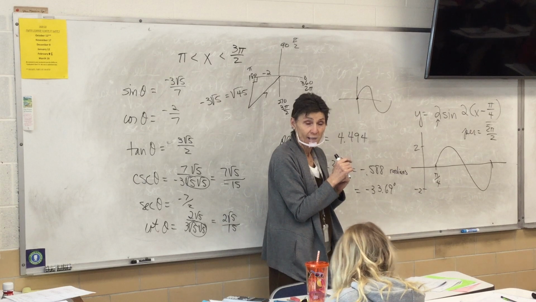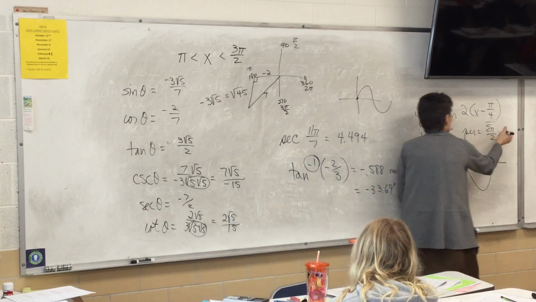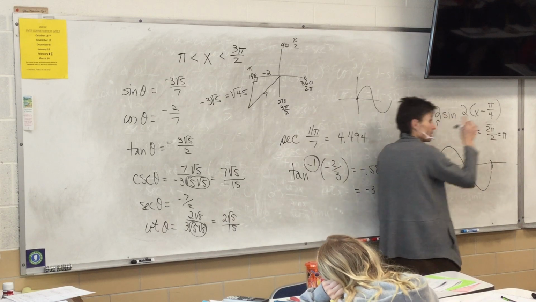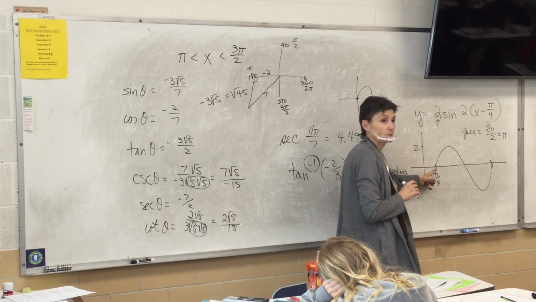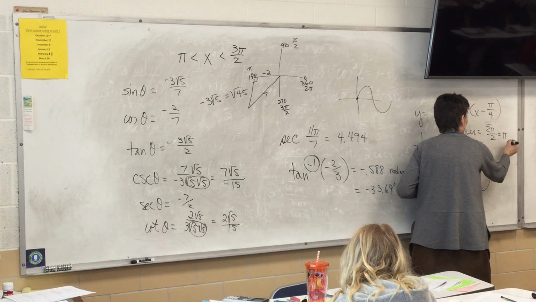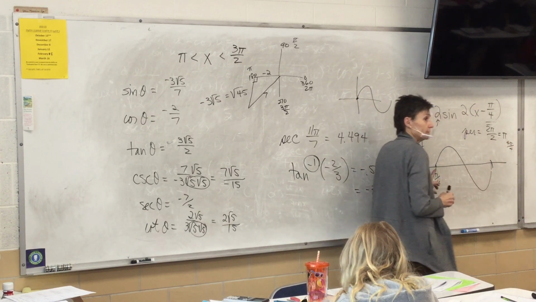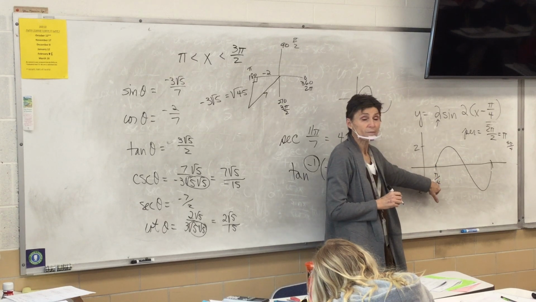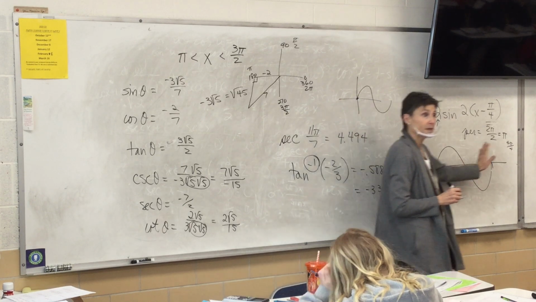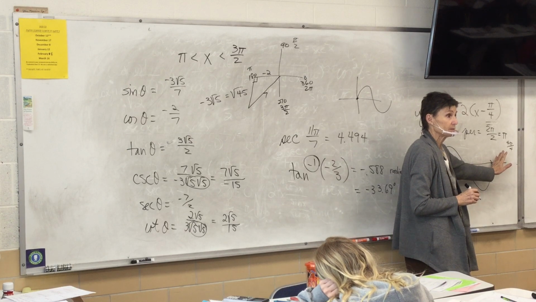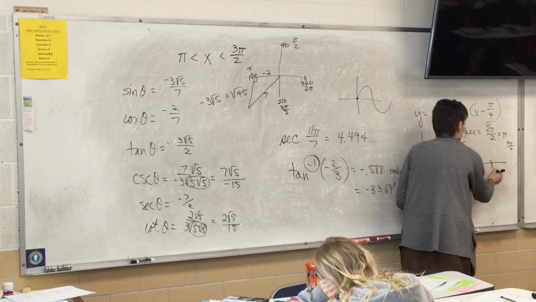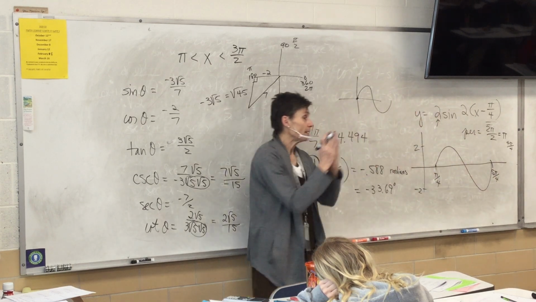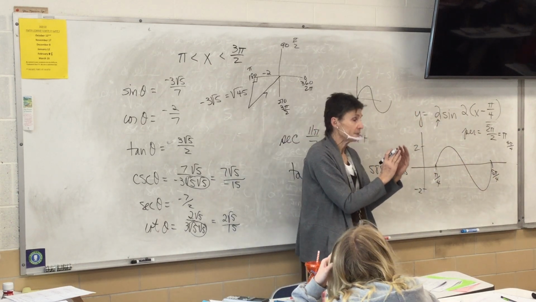So the period's pi, which means that from here to here is pi, which is 4/4, right? 1 pi. So I'm going to start at 1/4 and add 4/4. So I'm going to end at 5/4. You end one period after you start.